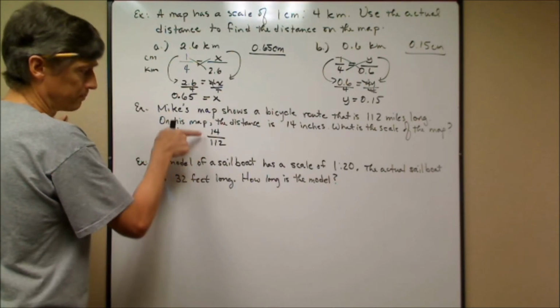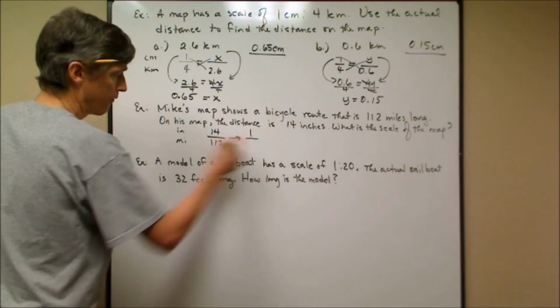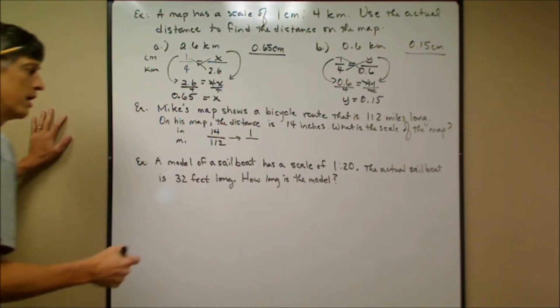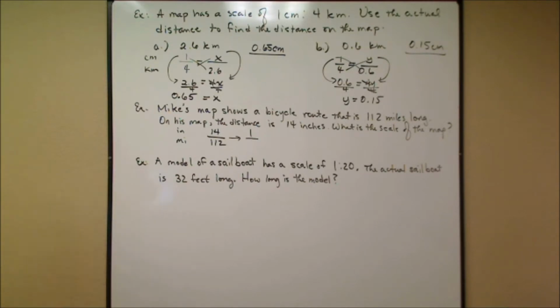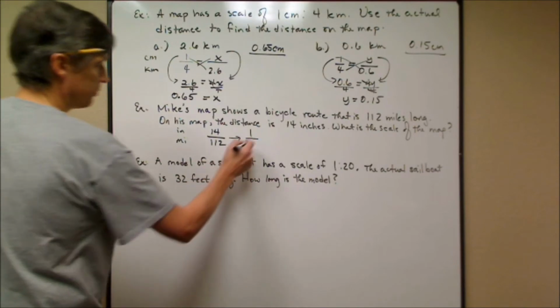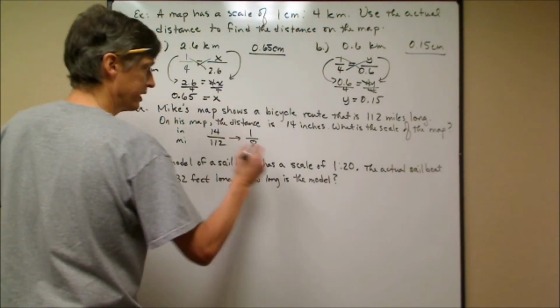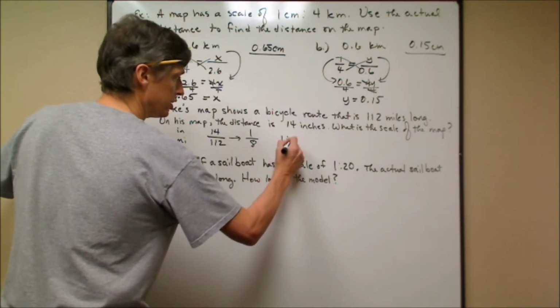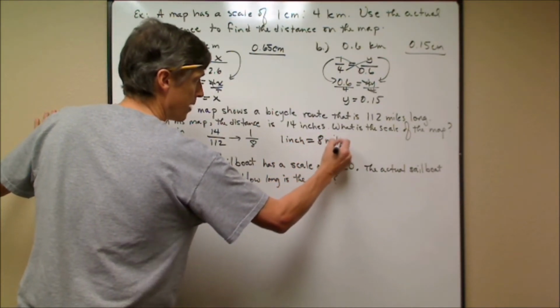In this case, 14 divides into 14 one time. 14 goes into 112, is that 8 times? That's 8 times. Oh, if I could do arithmetic today. So according to this, my scale is that 1 inch represents 8 miles on the map.